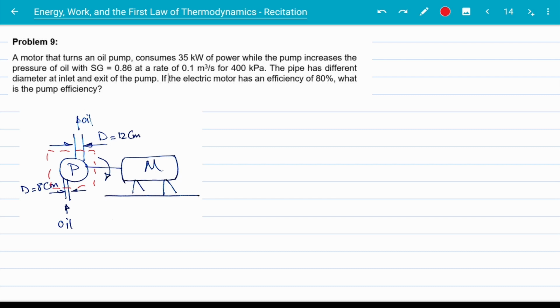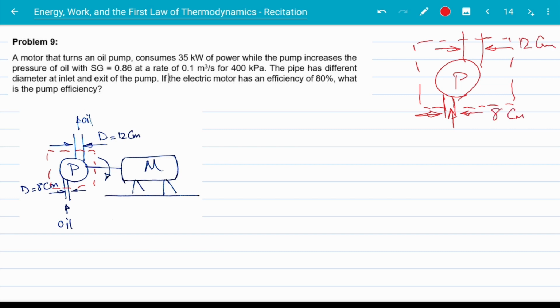We have the pump here. We have the discharge. And then we have the inlet or the suction of the pump here. Okay, the diameters of the outlet and the inlet sections of the pump are different.